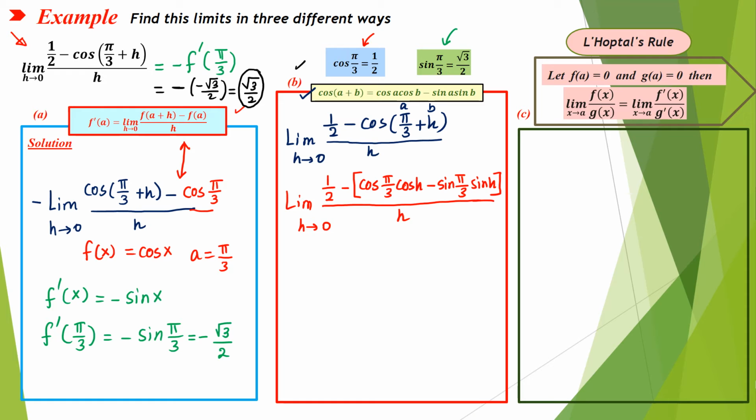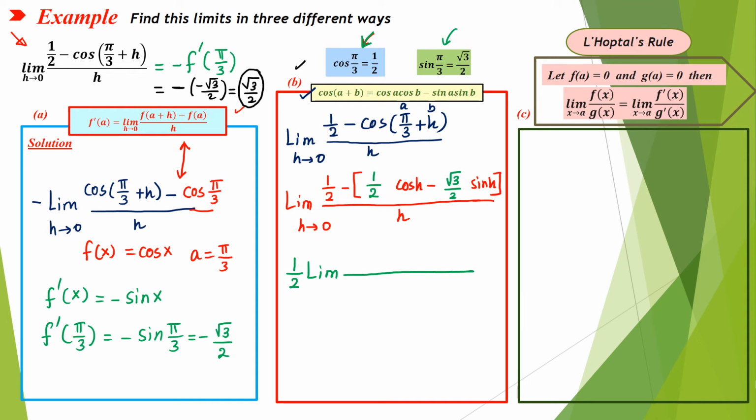Now for the numerator, cosine pi over 3 equals 1 over 2, so we can delete this and put 1 over 2, and also sine pi over 3 equals square root of 3 divided by 2. So you can take a greatest common factor from the numerator, which is 1 over 2 multiplied by the limit.